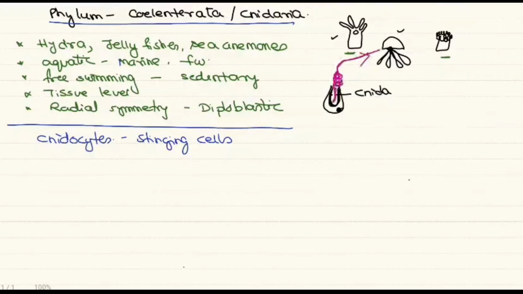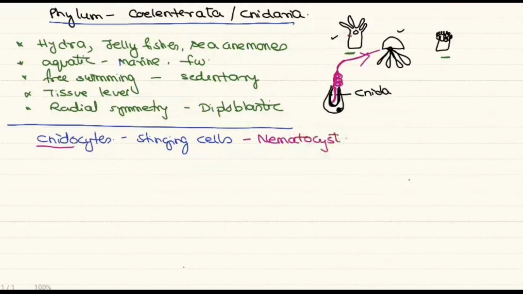So this thread is called the stinging thread, and these type of cells are also called cnidocytes because they have a nida. As they are stinging cells, the stinging capsule is called nematocyst.